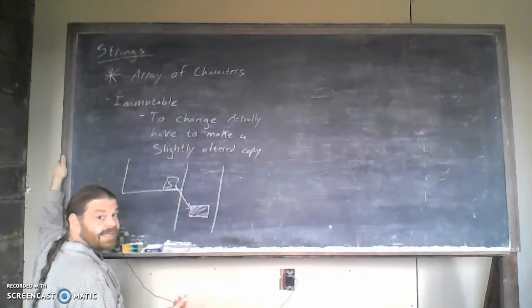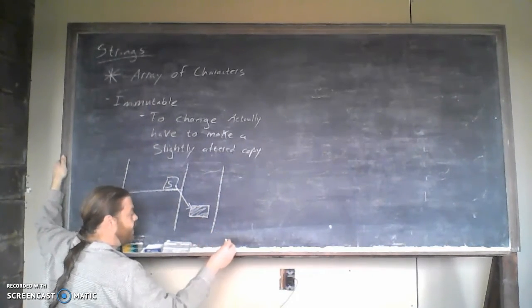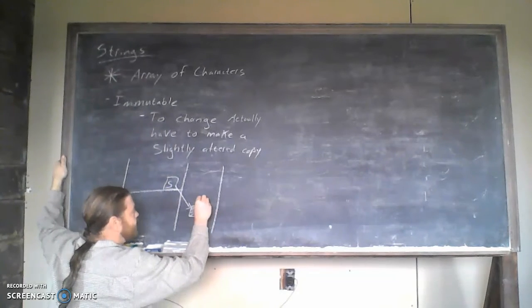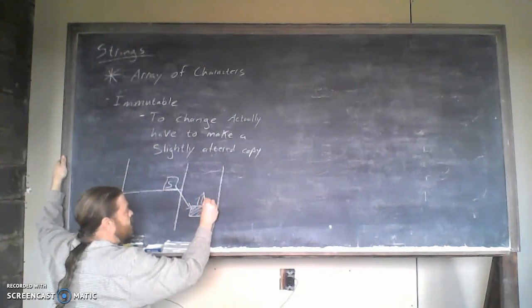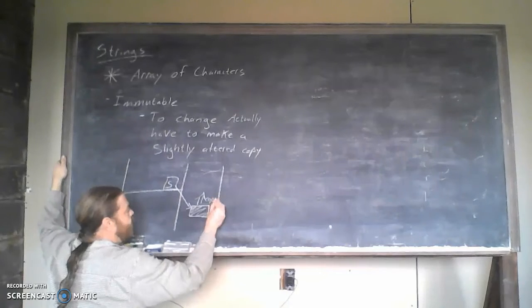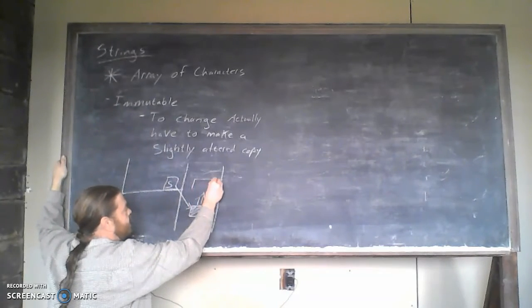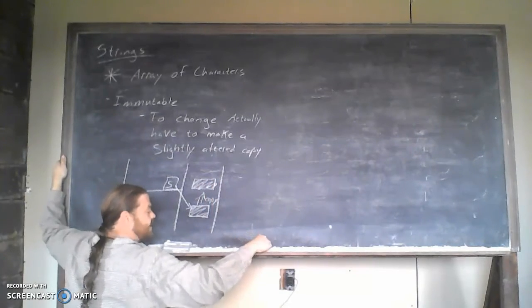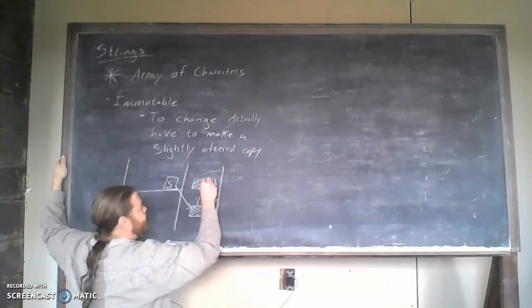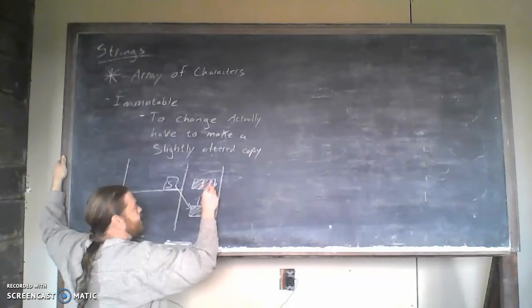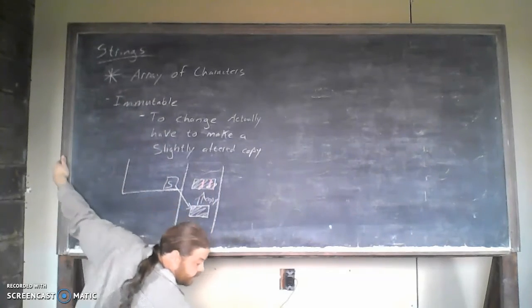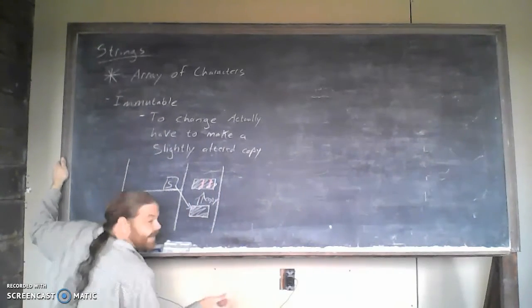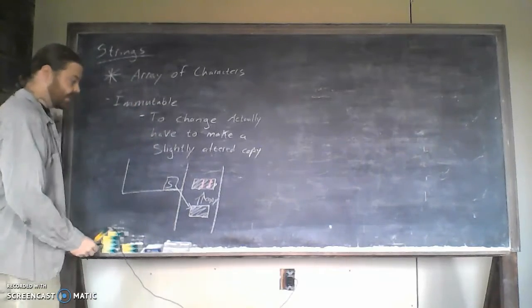But if we want to change it, what we have to do is make a copy of it that is slightly different. Hopefully that red shows up. I'll do that to indicate slightly different.